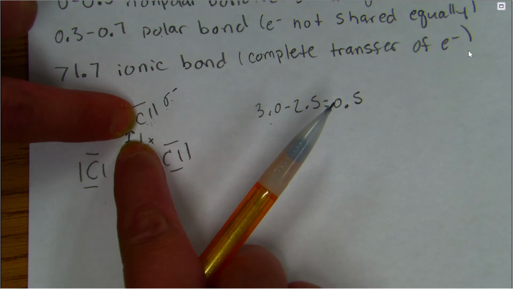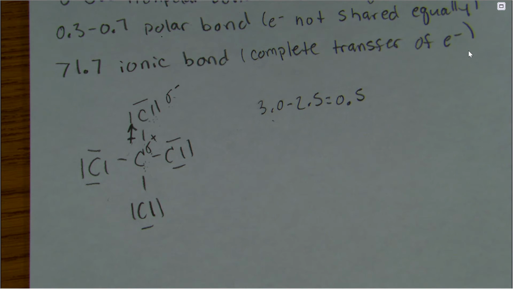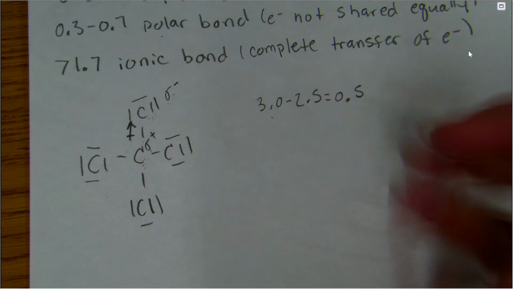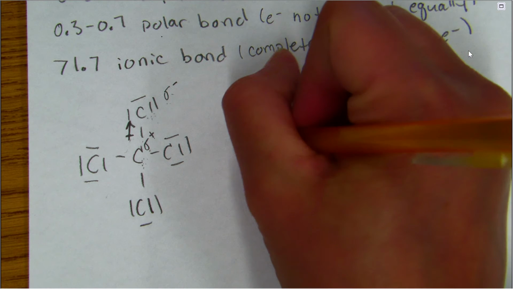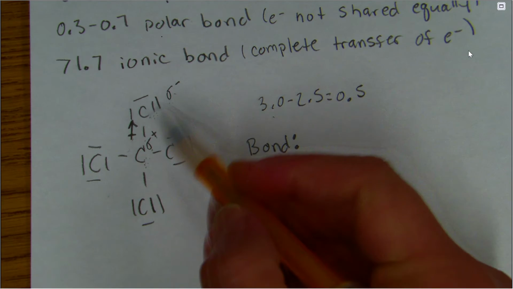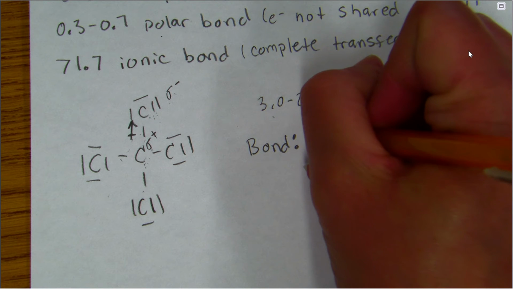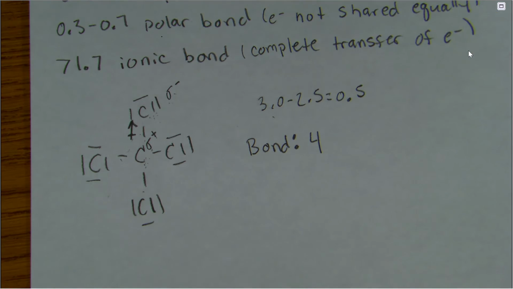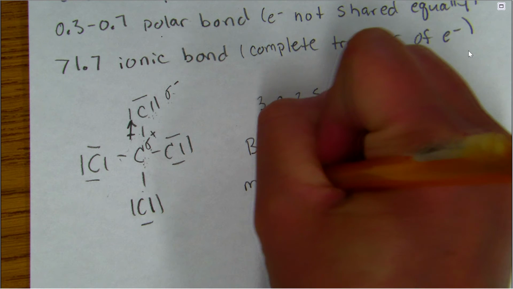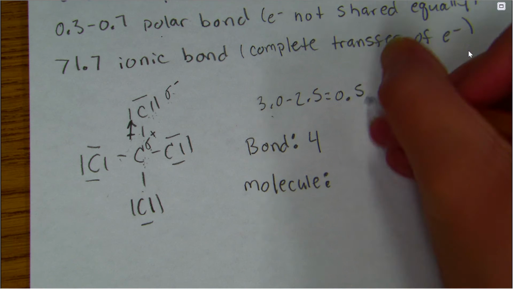Chlorine is partially negative, so there is the negative portion of it. Now, the bond between carbon and chlorine is polar. So how many polar bonds do I have? I have 1, 2, 3, 4 bonds between carbon and chlorine. So all 4 bonds are polar. The overall molecule itself is nonpolar.